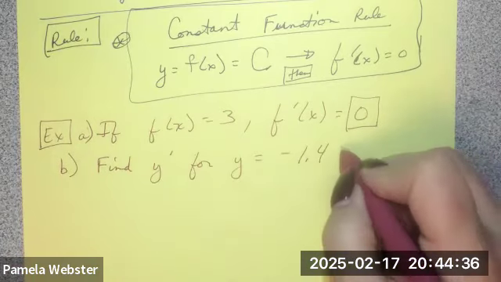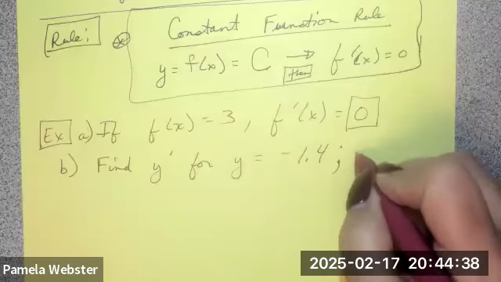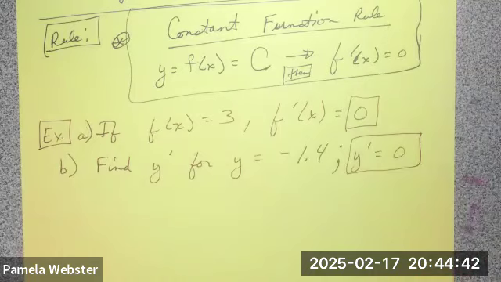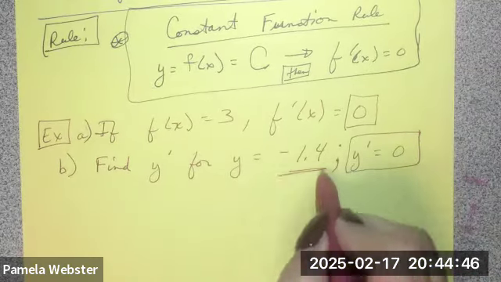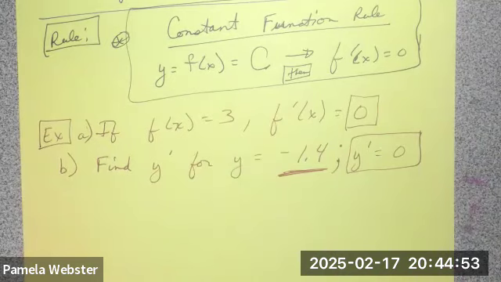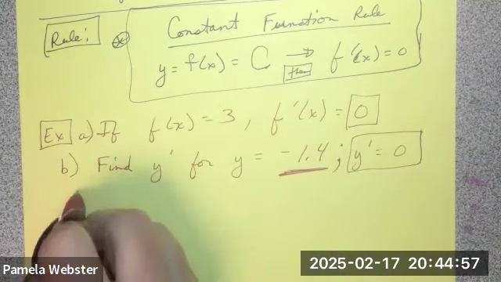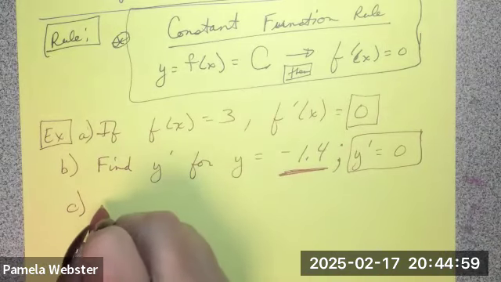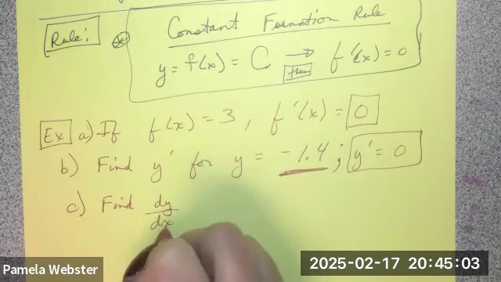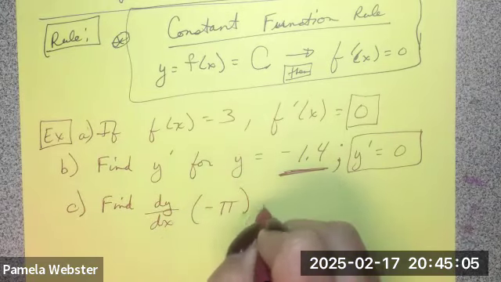And you're going to tell me y prime is 0, Dr. Webster. That's what you say, right? Oh, that's a constant, negative 1.4. That's just a constant. There's no variable attached to it. We don't have to worry about it. That guy's a 0. So, real quickly in the same line, I want you to find dy dx of negative pi.